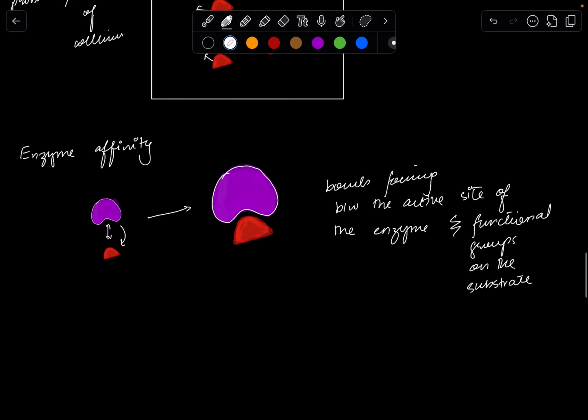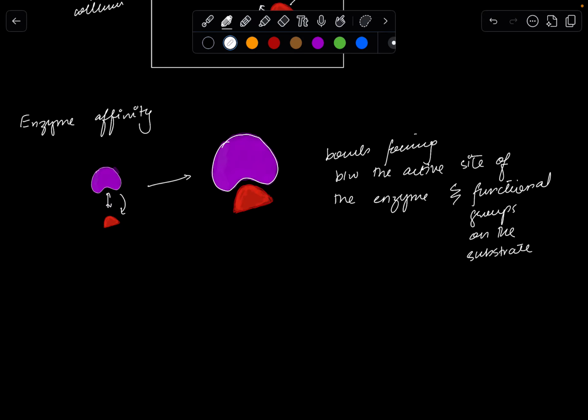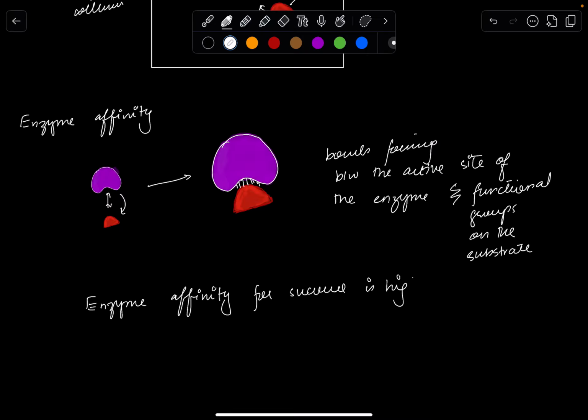So if my enzyme can very easily form this bond with this substrate, let's say sucrose, very, very easily, then we say that the affinity is high for sucrose, or the substrate that we're looking at.